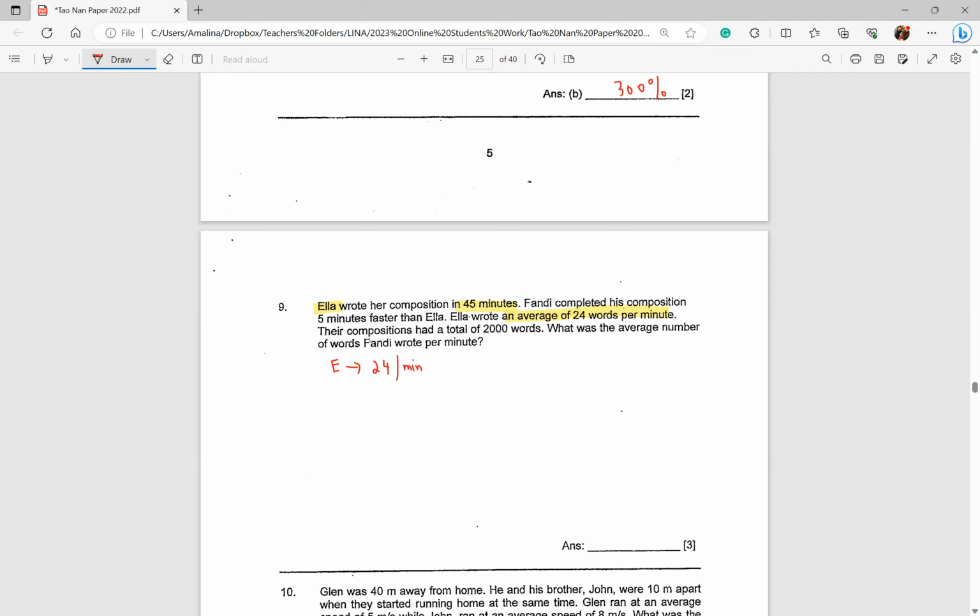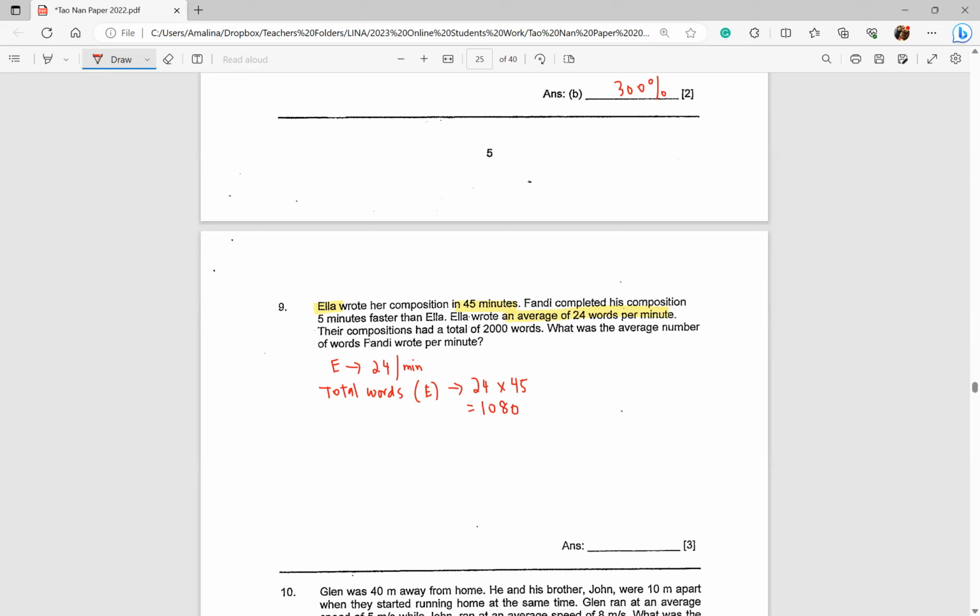And since she wrote for 45 minutes, you can find her total words. Okay, so total words for Ella will be my 24 times by 45. So this will give us 1,080 words.